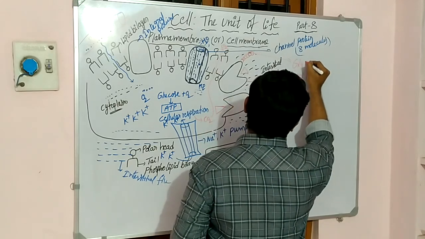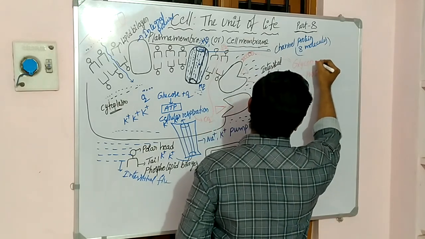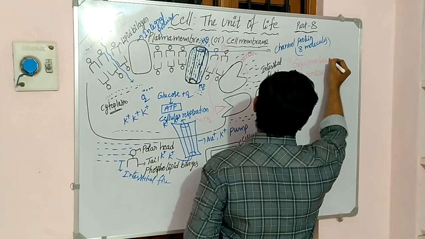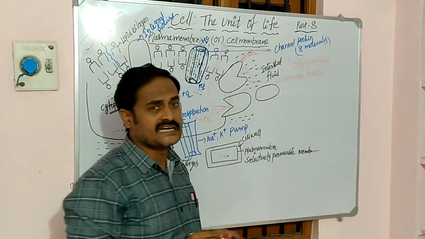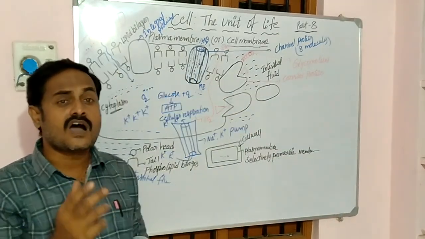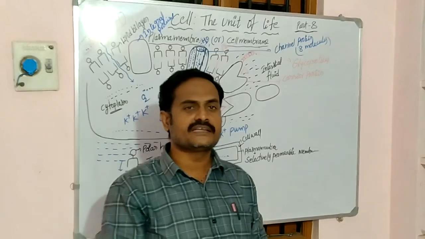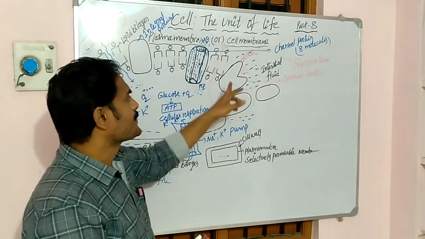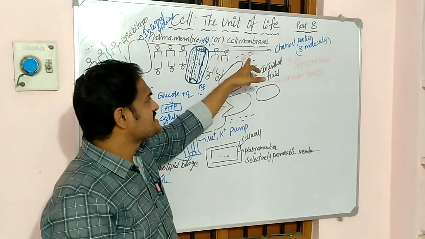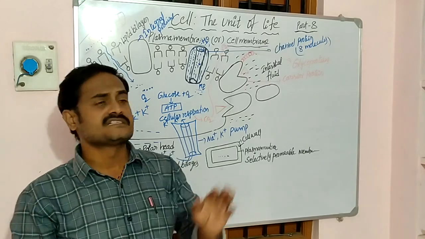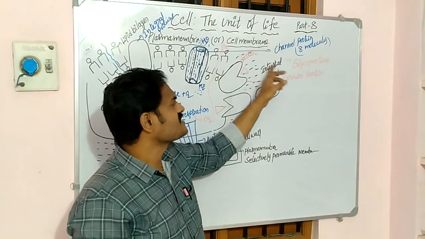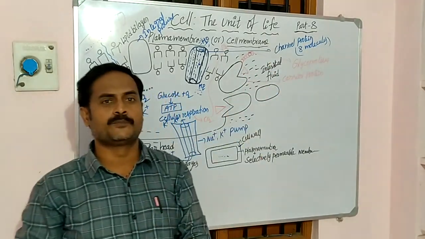Remember, glycoproteins. What is the meaning of glyco? Glyco means carbohydrates. The proteins which consist of carbohydrate are called glycoproteins.